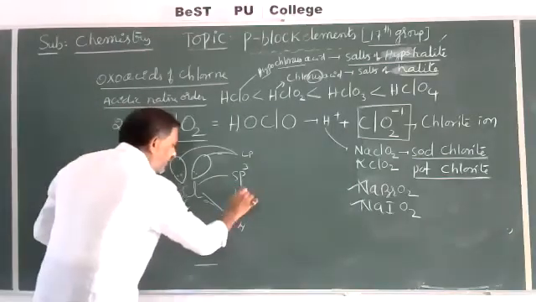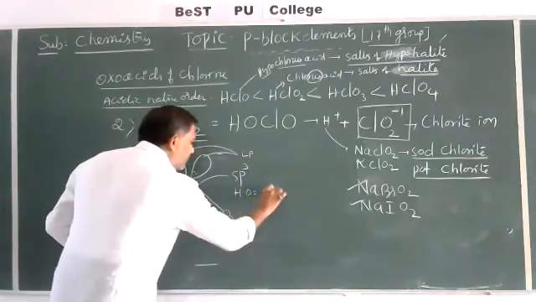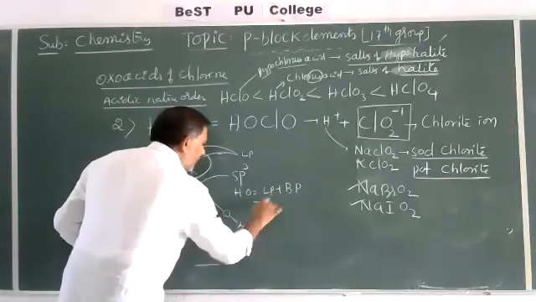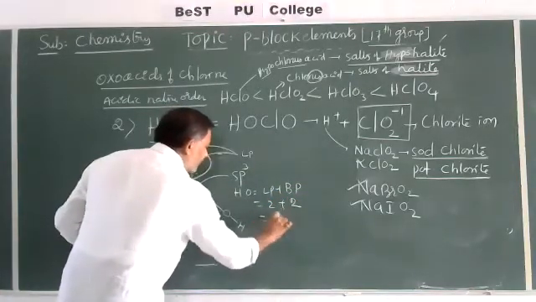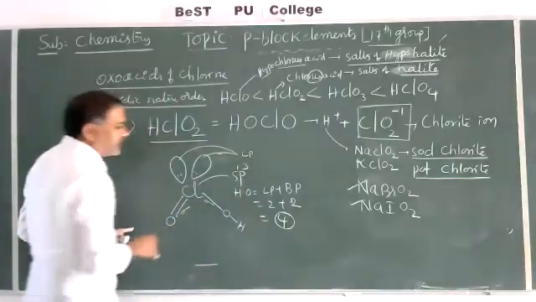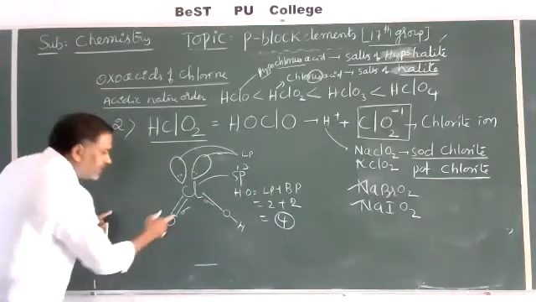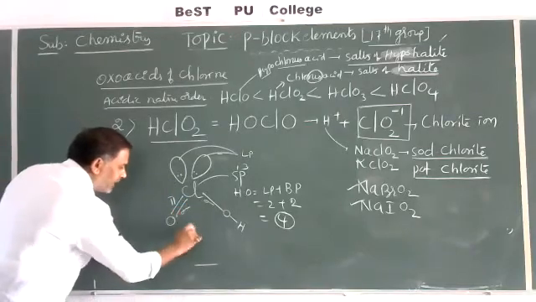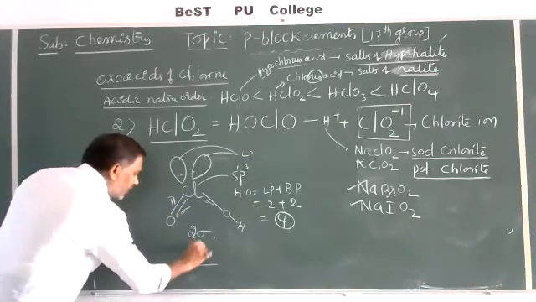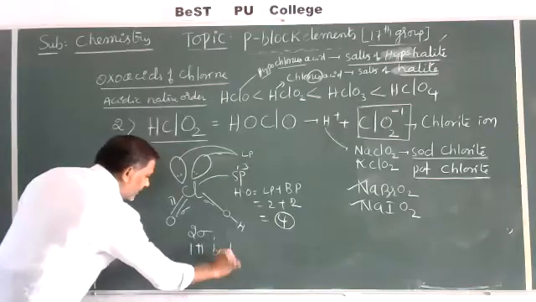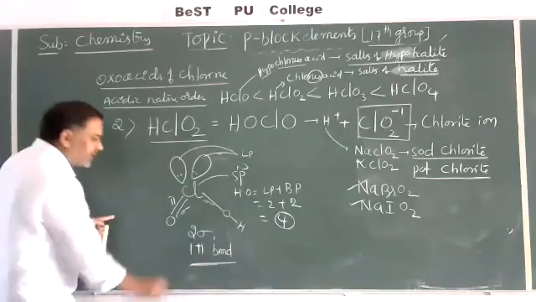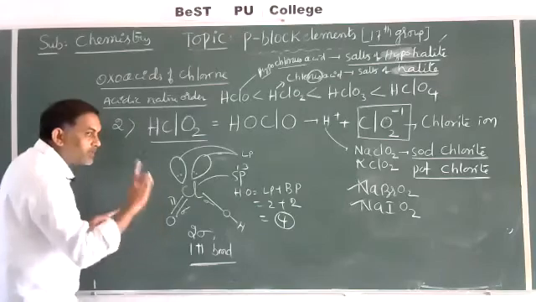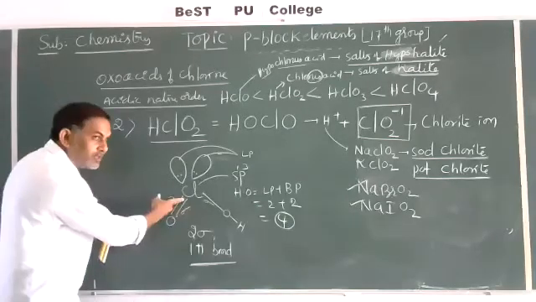Because hybrid orbitals are Lp plus Bp. Now Lp 2 and Bp 2, that's why 4. 4 means 1 s orbital and 3 p orbitals. Here 1 pi bond and 2 sigma bonds are present. To get this pi bond, a d orbital is compulsorily required. In chlorine d orbitals are there.